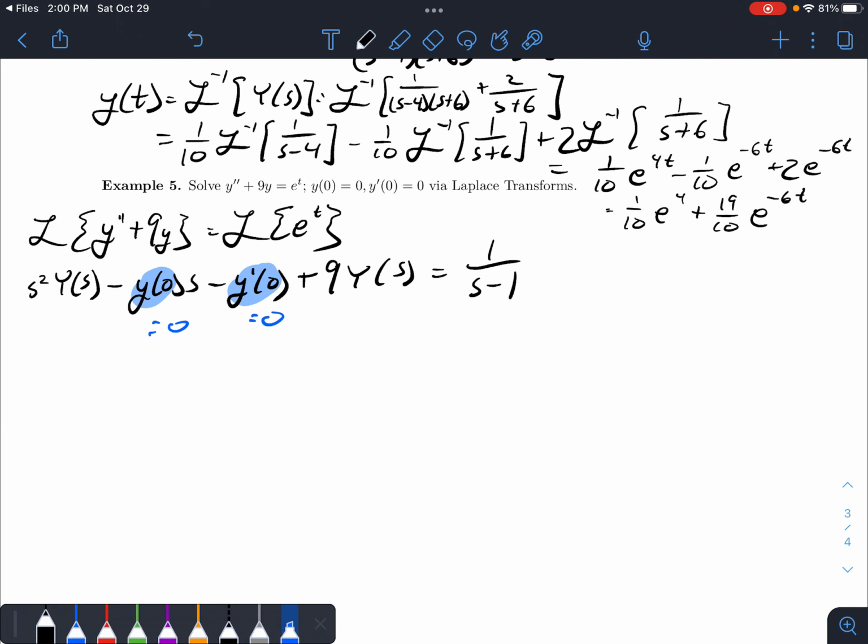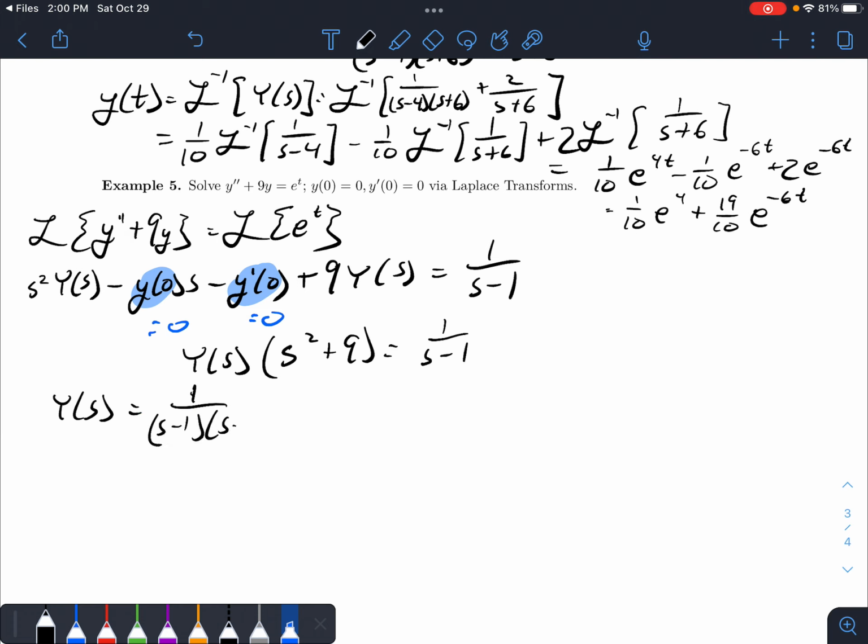So it makes our lives a little easier. And our left-hand side becomes Y of s times s squared plus 9. Our right-hand side is just 1 over s minus 1.